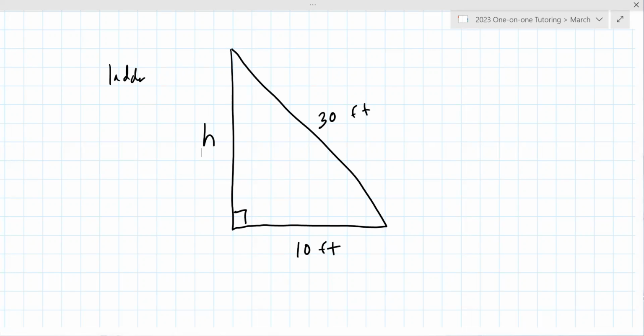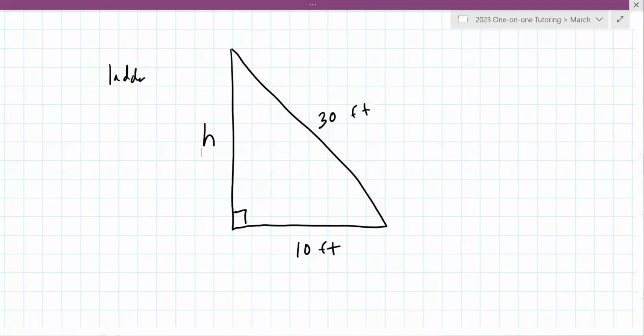You want to be 10 feet, then so 30 squared. This is just solving for the height. Yes. So then 30 squared, 3 squared is 9, so 900 equals 100 plus c squared. So 800 equals c squared.